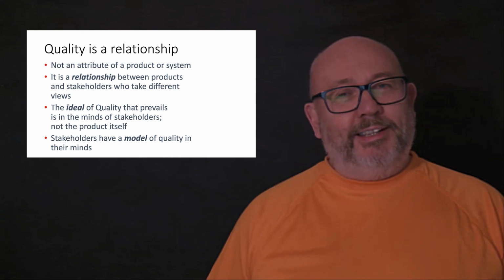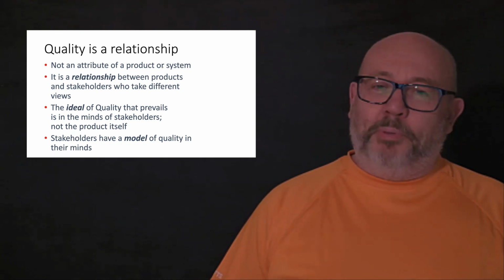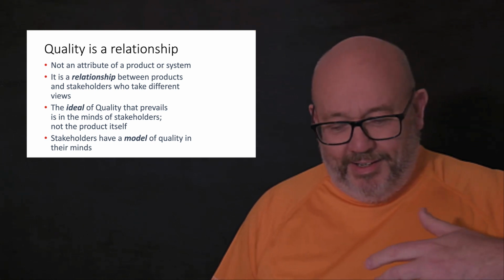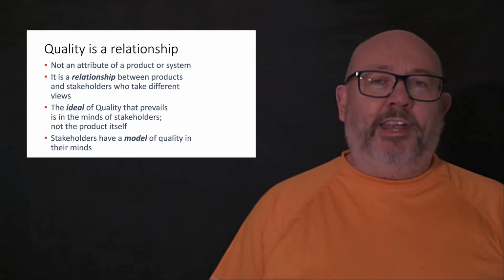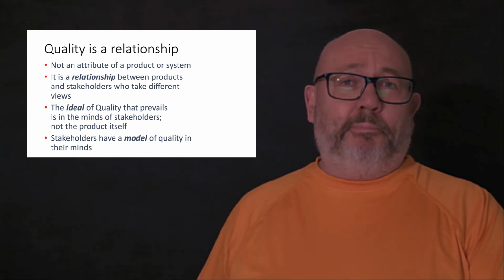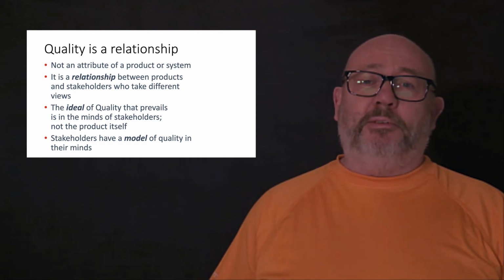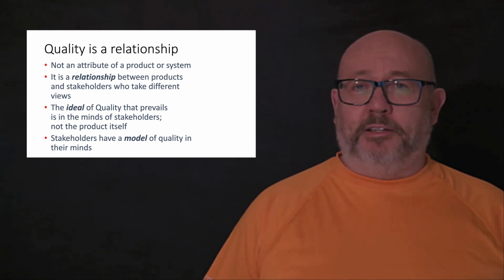So quality, the best way to look at it, represents a relationship between a product and a user or a stakeholder. And different stakeholders have different perspectives and different perceptions of what that experience and what quality is. Quality is not an attribute of a system.